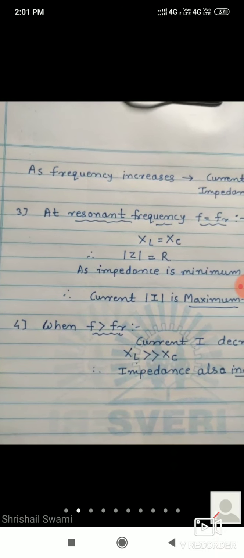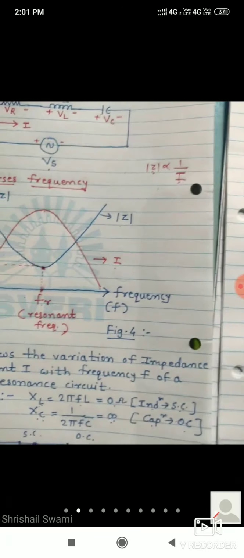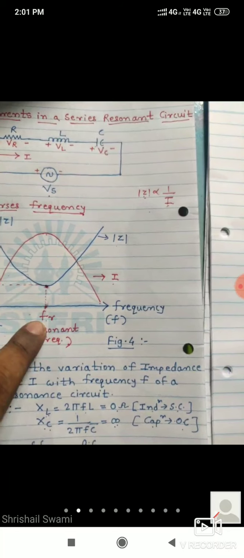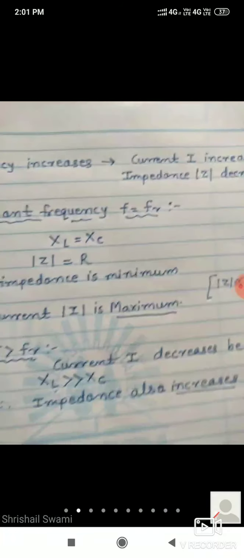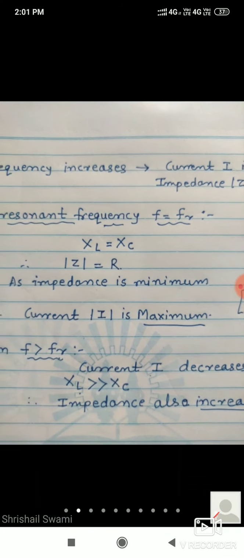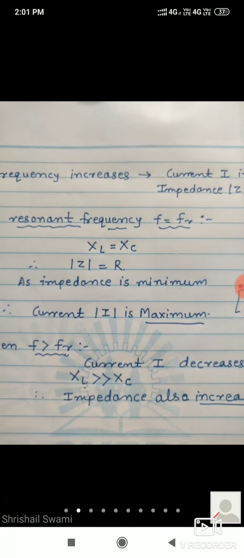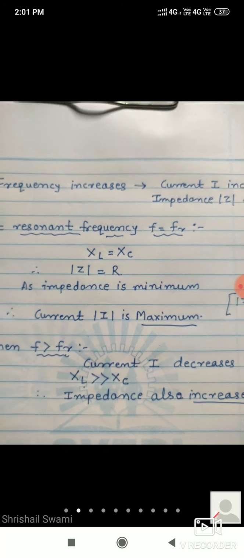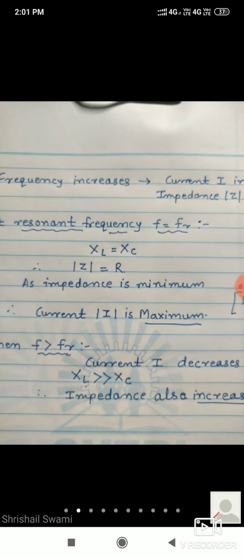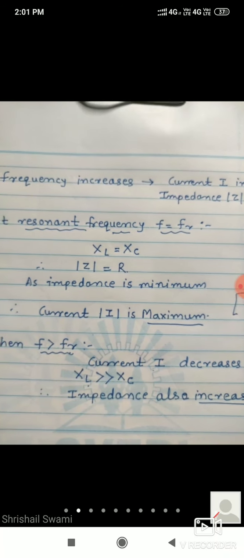Now next point, at resonant frequency f is equal to fr, XL is equal to what? XL is equal to XC. Then XL equal to XC means Z equal to what? R. You use that equation, Z is equal to under root R square plus (XL minus XC) square.